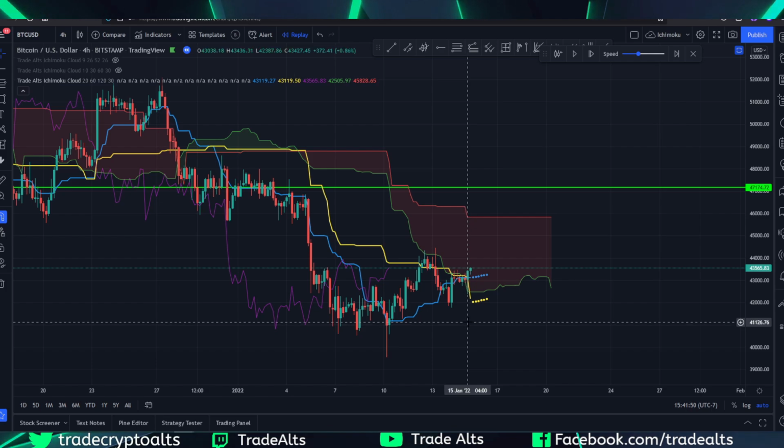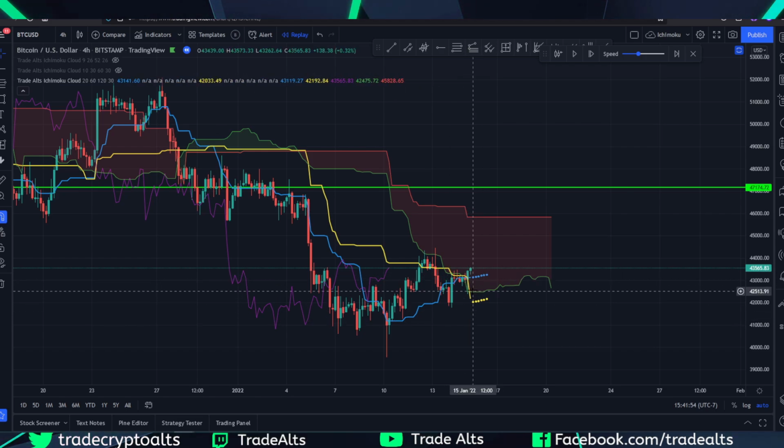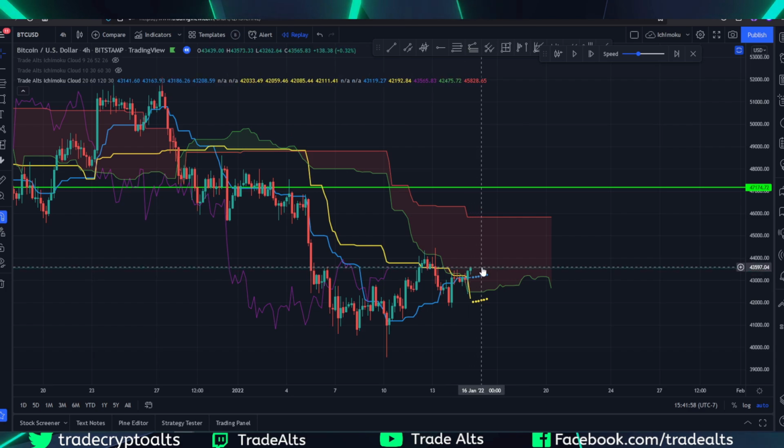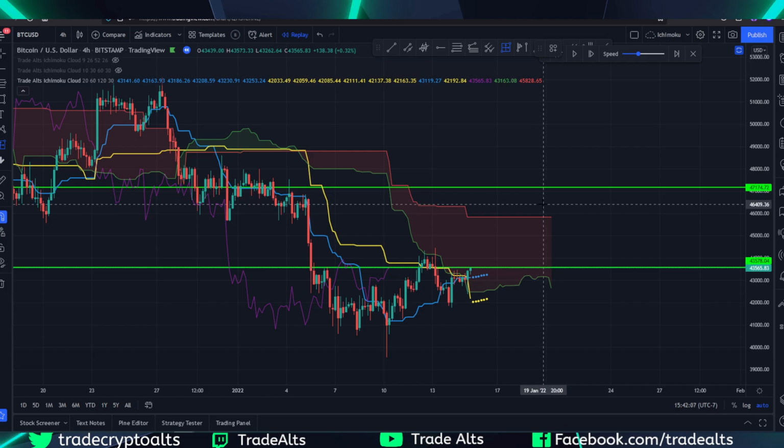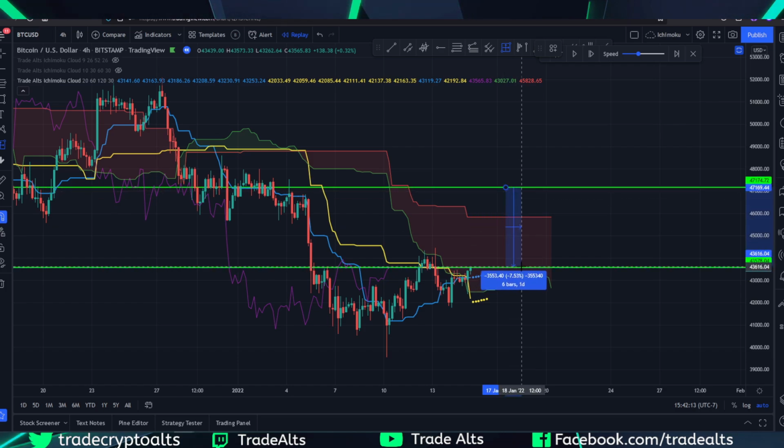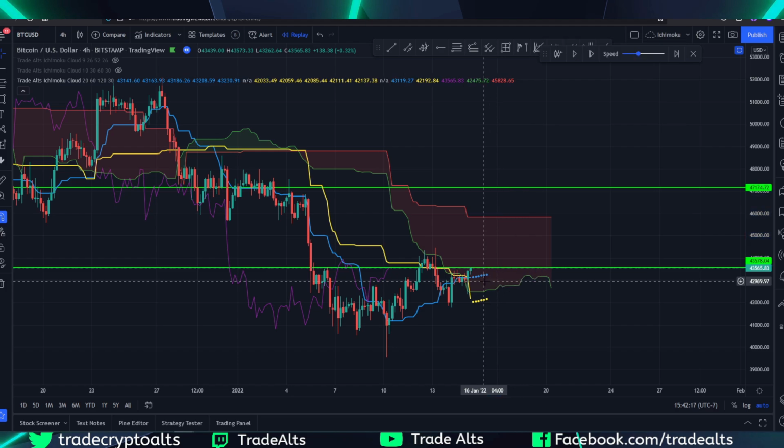Not here, not here, but on this candle you did. So this was your actual bullish cross here. So here is your exit. Short trade. 7.5%. So decent profit on that short.